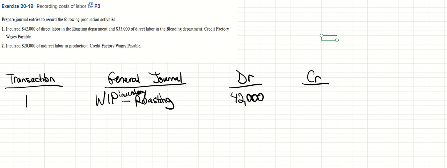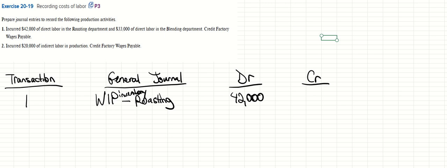This lets you know that this labor is being accrued in the work in process inventory account, specifically in the roasting department, because you have people actively working on producing a unit and getting it to its finishing condition.